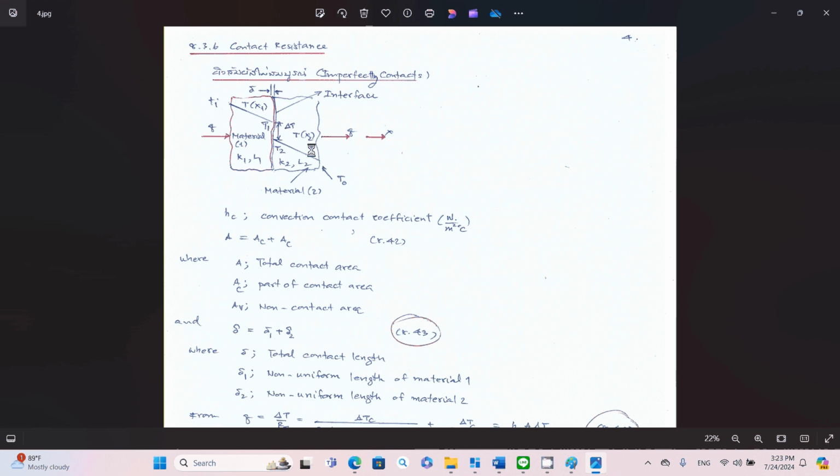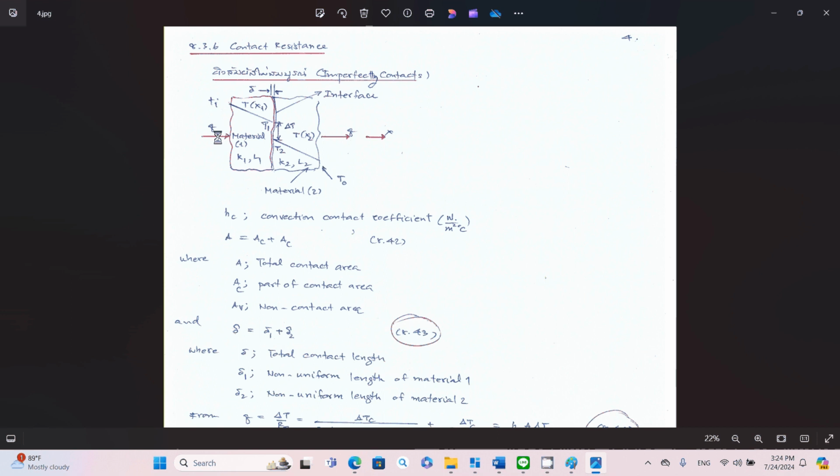From the figure here, you can see that there are two types of materials with imperfect contacts, so we need to take into account some gap. But for this one, just for basic knowledge, I'm not going to put this in problems, because it's a little bit more complicated and needs to be explained more.